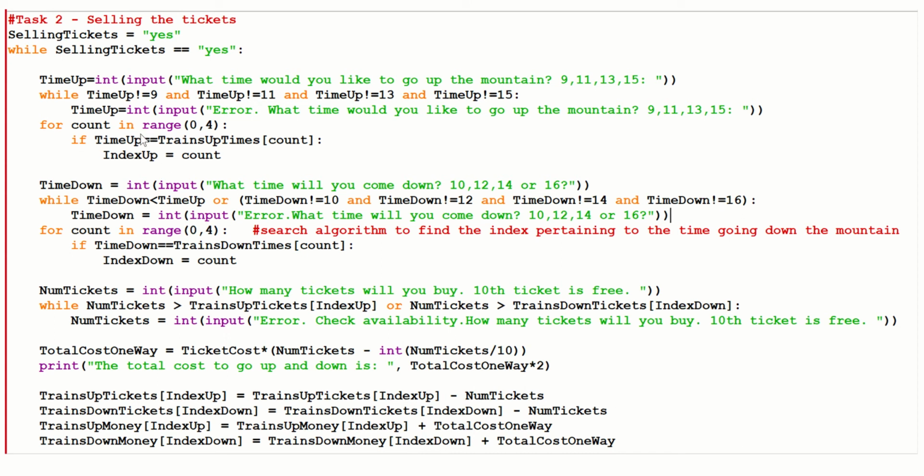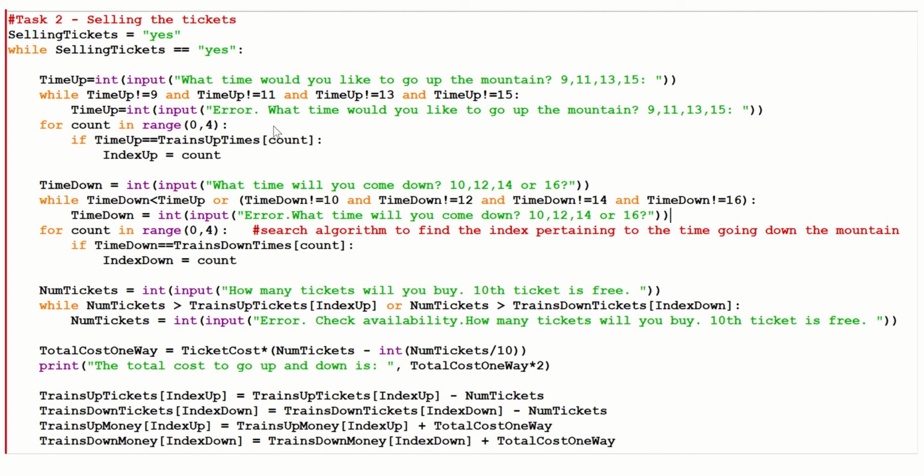And next, for count in range 0 to 4, we'll repeat this 4 times. So if time up, the time up, either 9, 11, 13, or 15 that we entered, equals train up times, as in count first time would be 0, so train up times in the array position 0 would be 9.